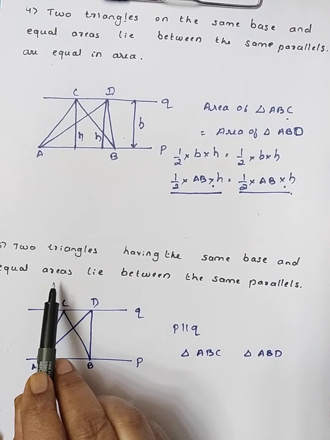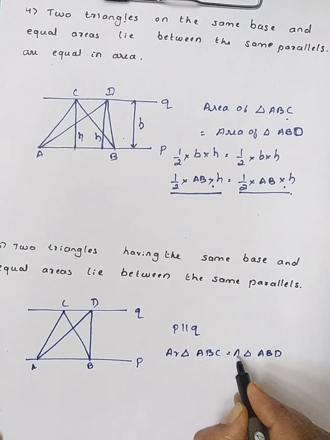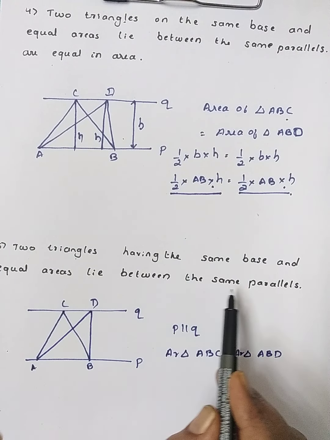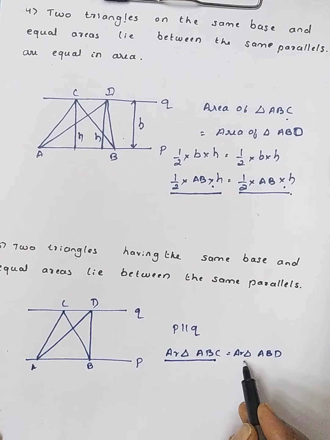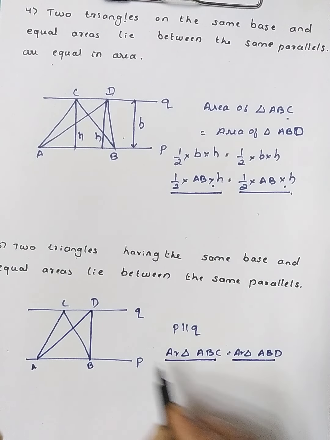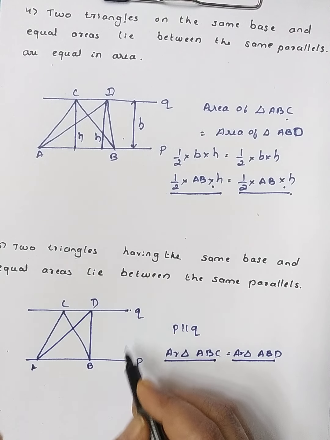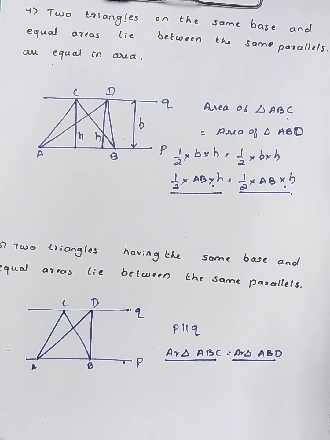Same base and equal areas means that if the area of triangle ABC is equal to the area of ABD, then these two triangles lie between the same parallels. This is the converse of the fourth theorem here.